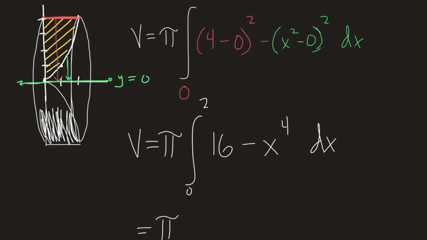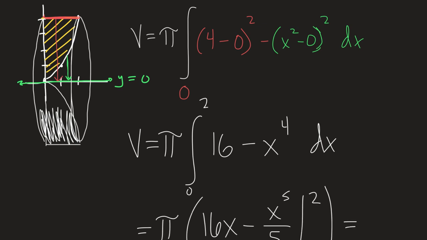So to antidifferentiate, we have 16x minus x to the 5th over 5, and we're evaluating this from 0 to 2. Of course you plug in a 2, you get 32 minus, I believe, 32 fifths, right?